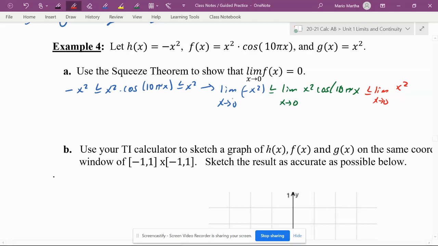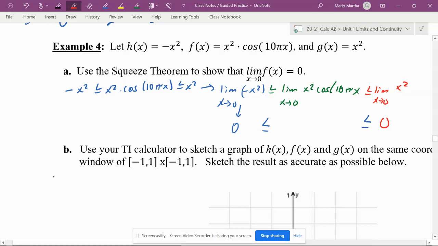We know that the limit as x approaches 0 of negative x squared, if we do direct substitution, goes straight to 0. The vertex is right there. If we do the same thing on the other side, the limit as x approaches 0 of x squared is also 0, since it's in the same place.